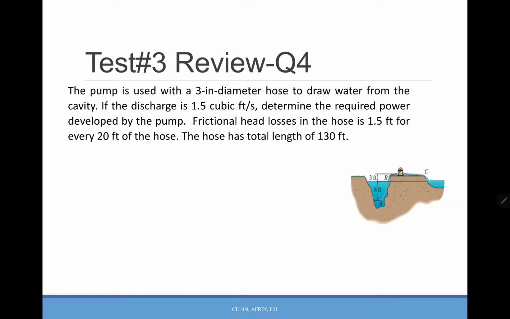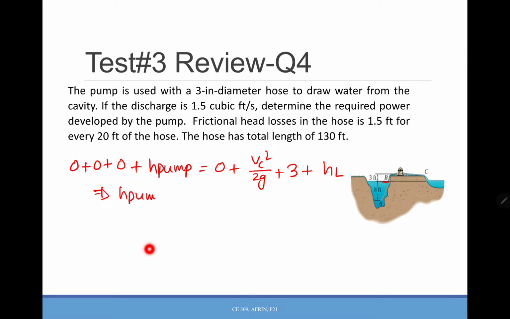So at B, pressure is 0, velocity is 0, ZB is 0 plus pump head, and for C, pressure is 0 but velocity is not 0. ZC is 3 plus head loss. Since we need the required power developed by the pump, basically we are trying to find the pump head.